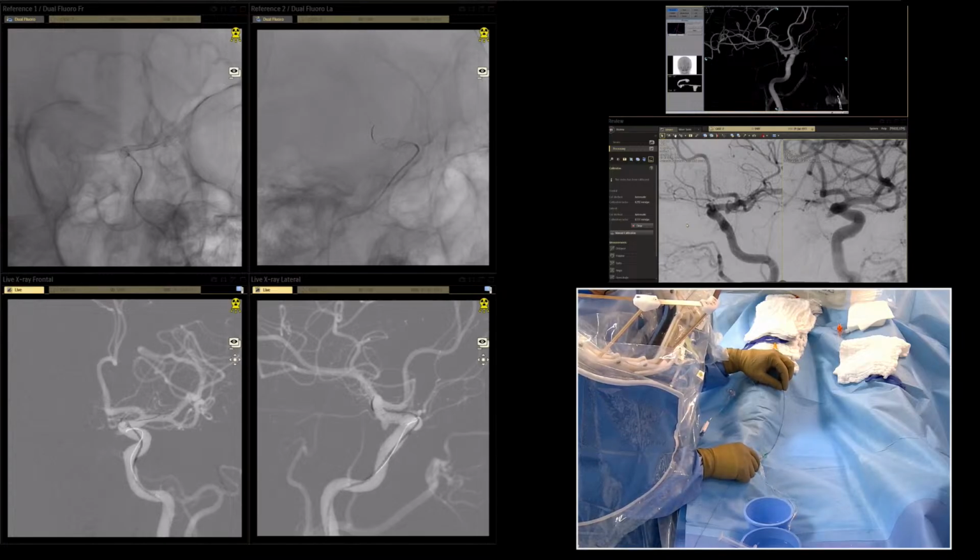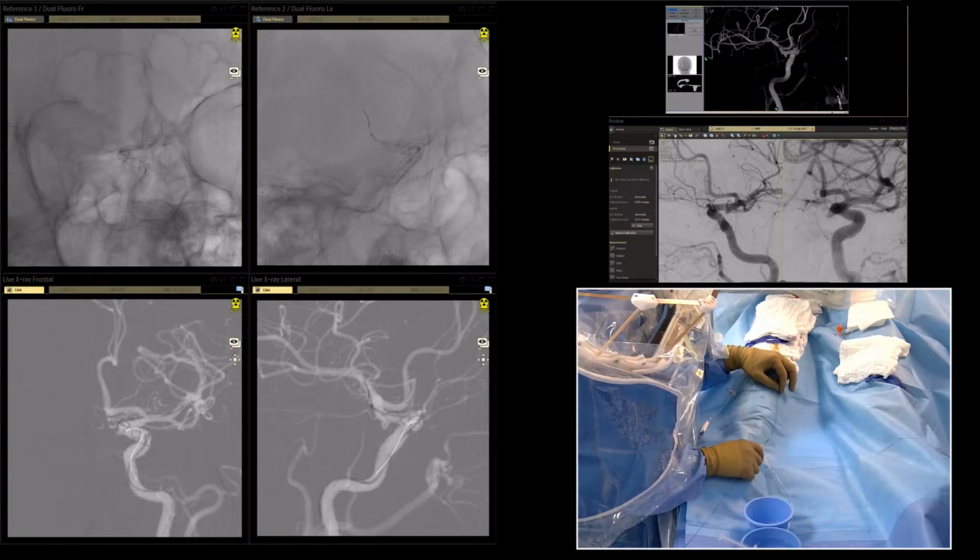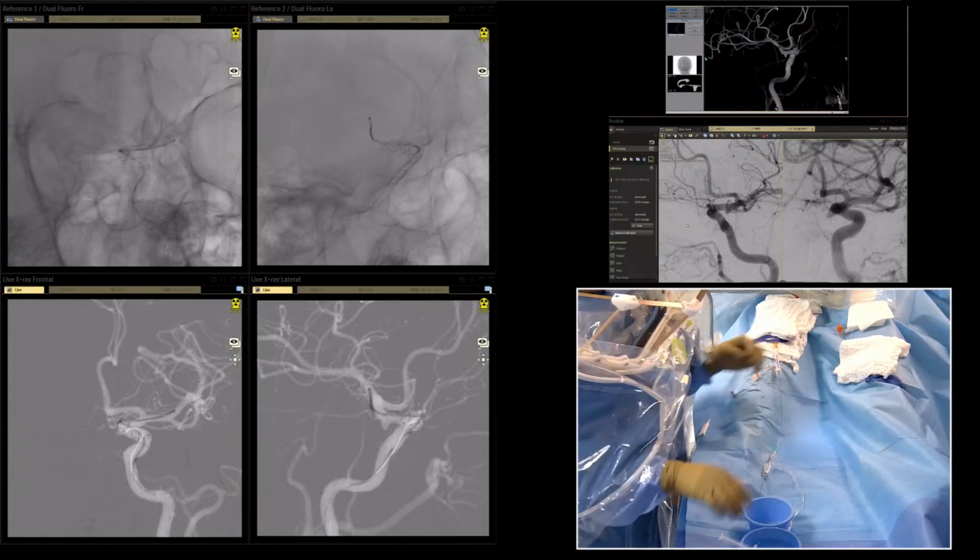Okay, now it's better. Yes, now we're inside. Yes, and it's quite safe and smooth, the navigation inside the stent, and we may confirm that the stent is properly opened.